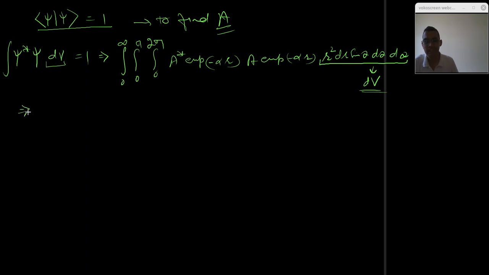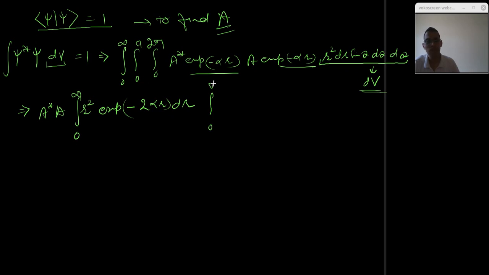Now let us try to simplify it. It is A star A. Let me write down the radial part: r square exponential of minus 2 alpha r, putting these two exponentials together, dr, integrated from 0 to infinity, and the integral from 0 to pi of sine theta d theta, and the integral from 0 to 2 pi of d phi.